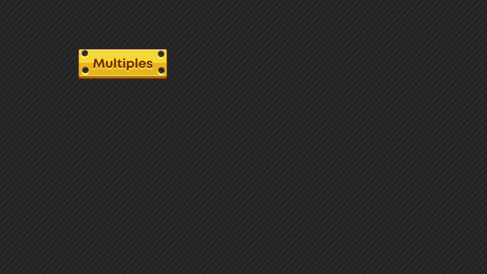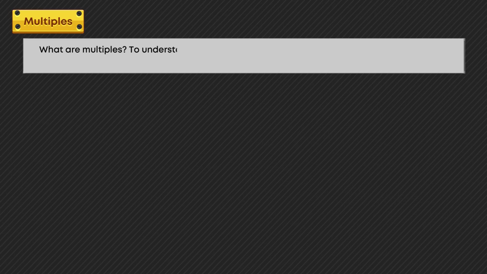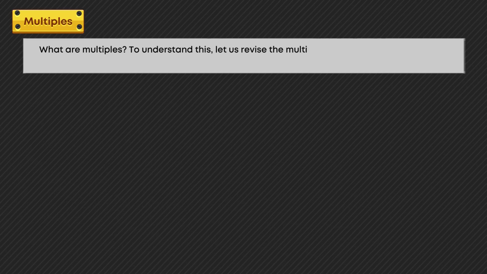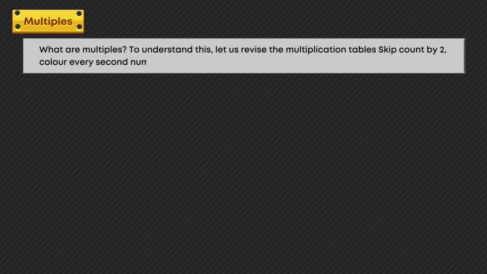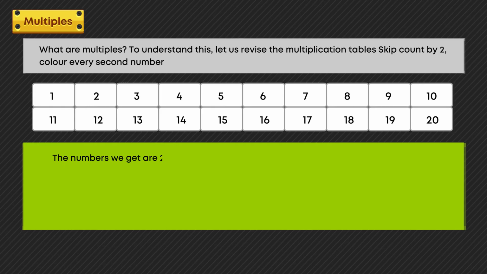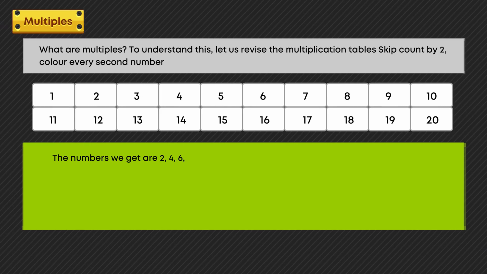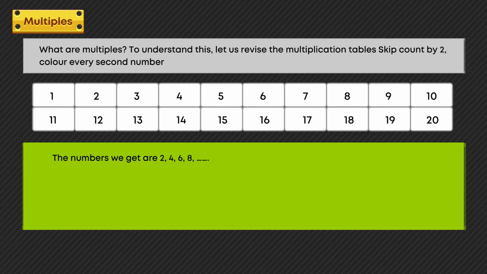Multiples. What are multiples? To understand this, let us revise the multiplication table. Skip count by 2, color every second number. The numbers we get are 2, 4, 6, 8, and so on.